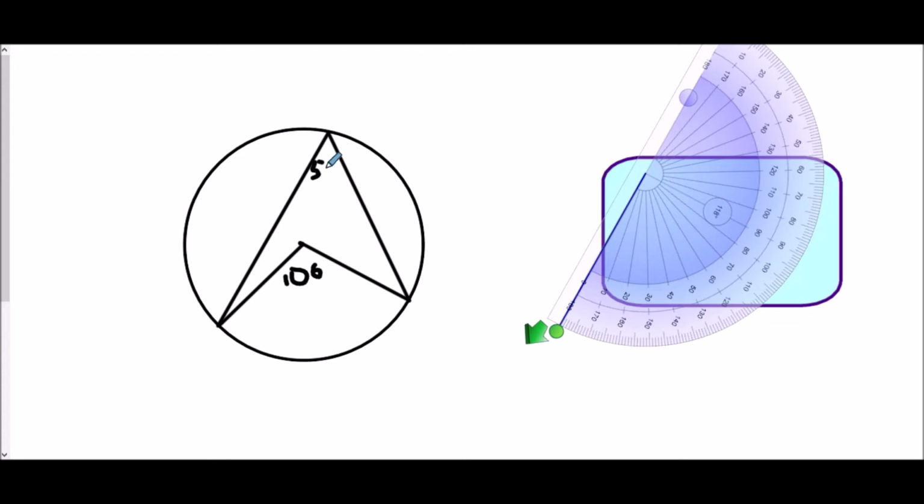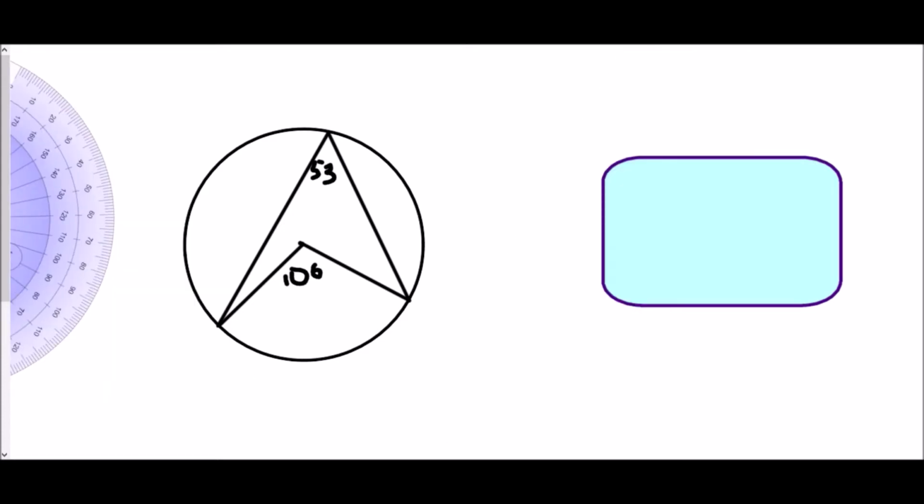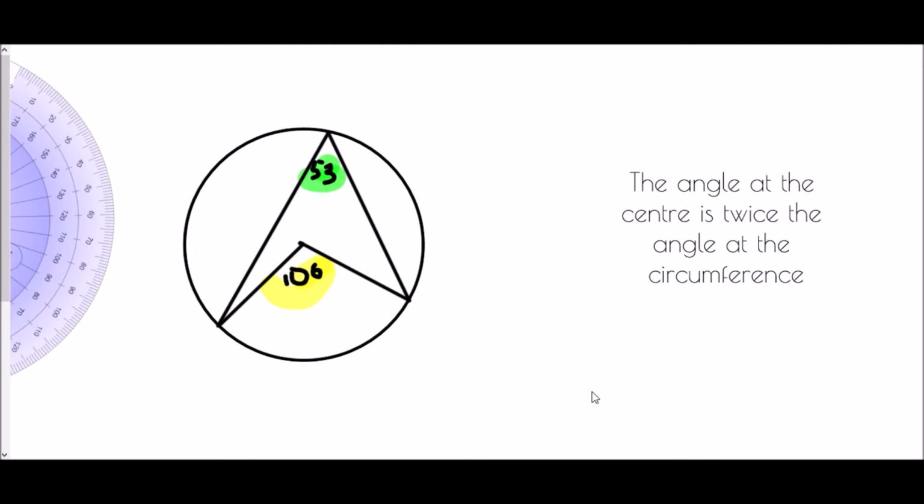Now, what can we say about those two angles? Well, if we look at the two values, we can quickly see that the angle at the center is double the angle at the circumference. And that is our rule. The angle at the center is twice the angle at the circumference.